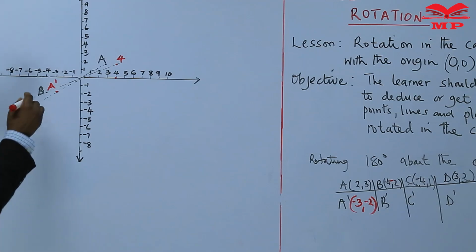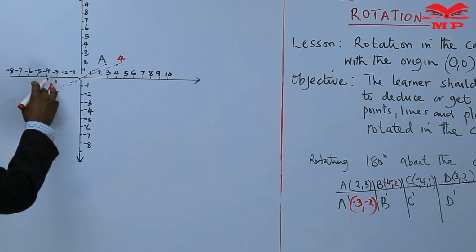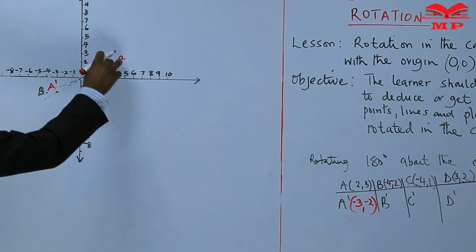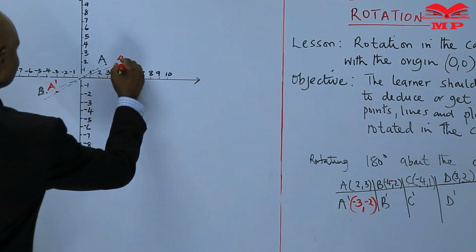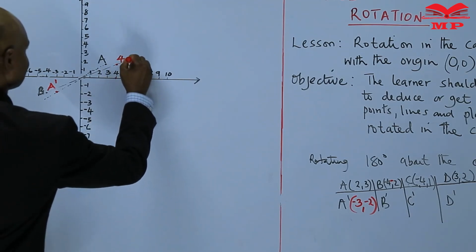Let's use negative 4, 2. So if you turn, you'll come and get your B prime here.